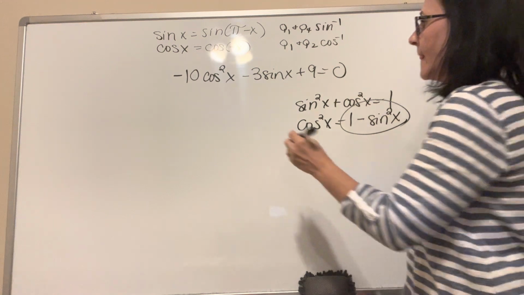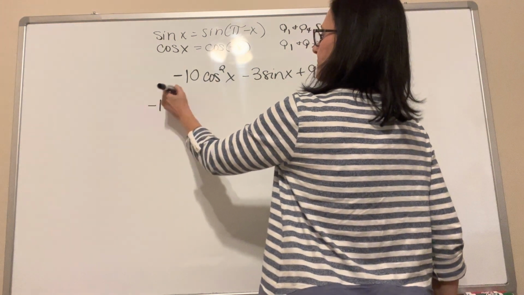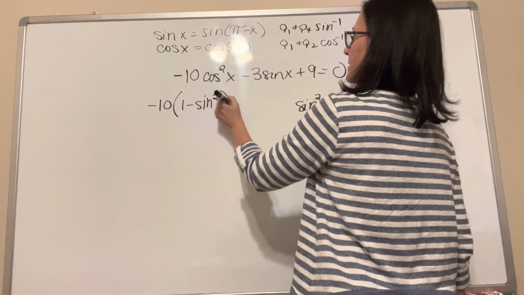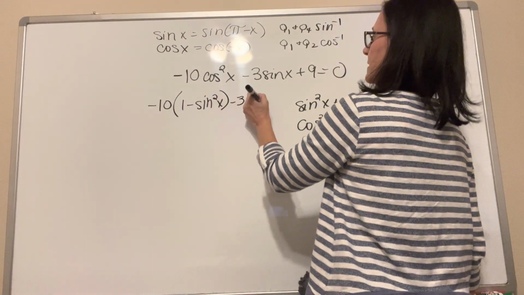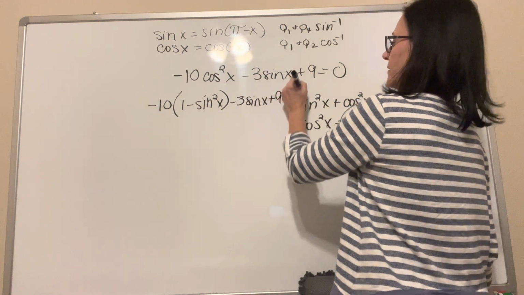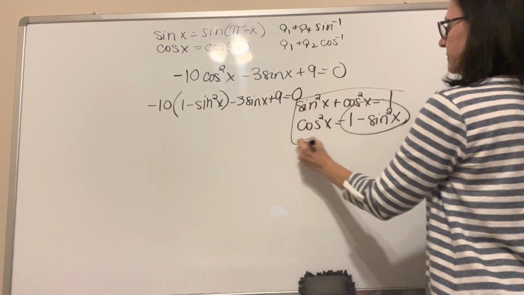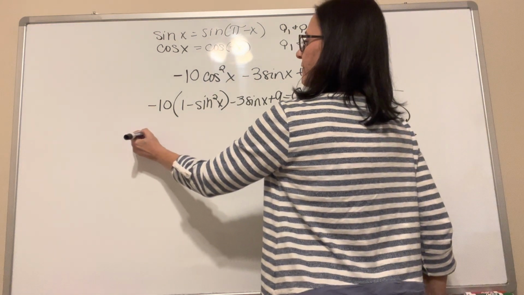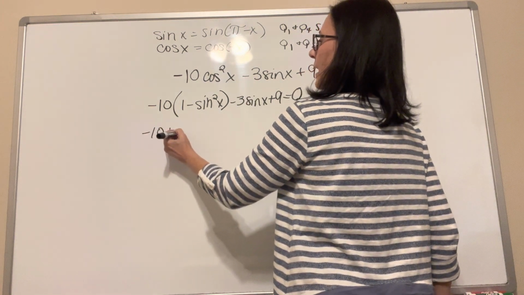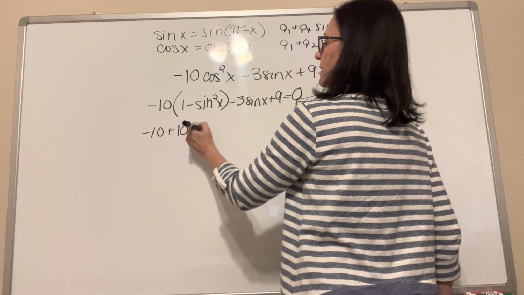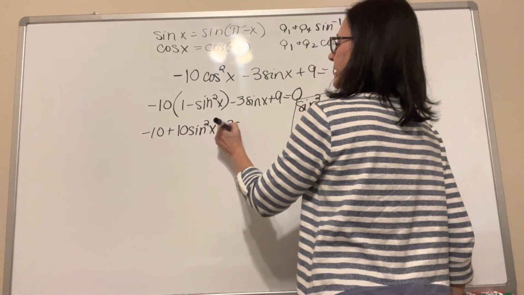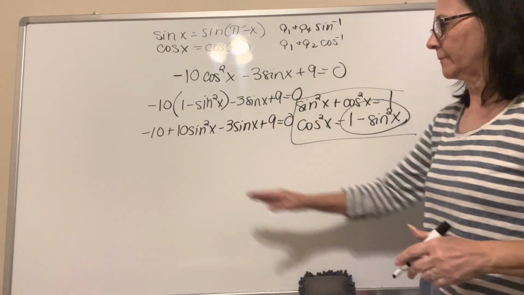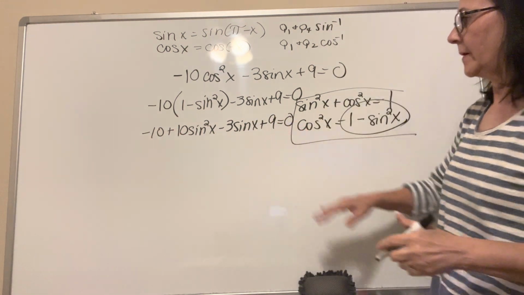All right? So we have negative 10 times 1 minus the sine squared x, minus 3 sine x plus 9 equals 0. I'll distribute the negative 10. So we have negative 10 plus 10 sine squared x minus 3 sine x plus 9 equals 0. Now I'm going to simplify. I'm going to combine the negative 10 and the positive 9.